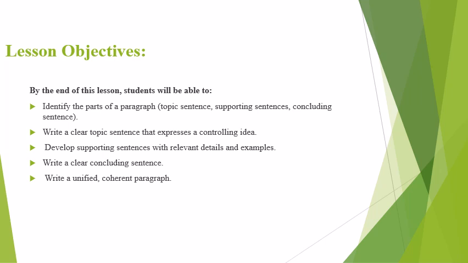They will be able also to write a clear topic sentence that expresses a controlling idea for their topics. They will develop their supporting sentences with the relevant details and examples. Also, they will be able to write a clear concluding sentence that enables them to write unified and coherent paragraphs.